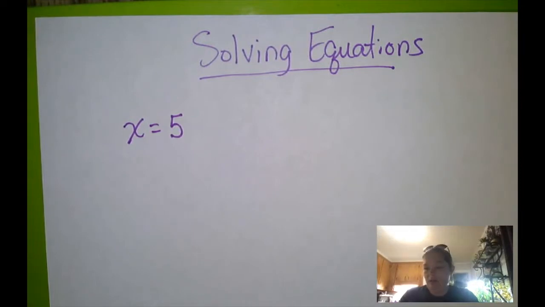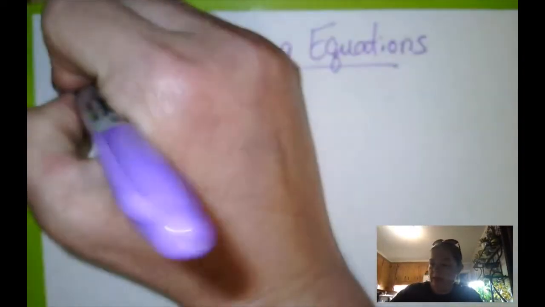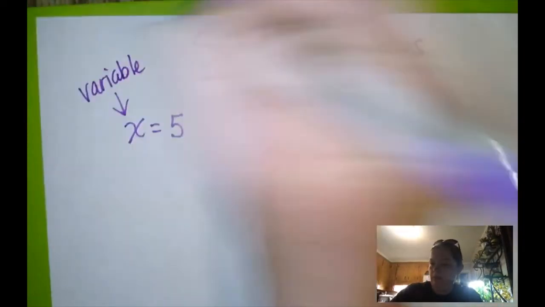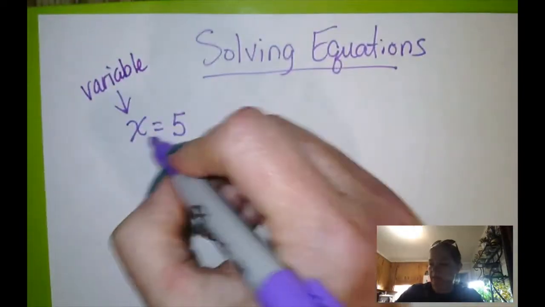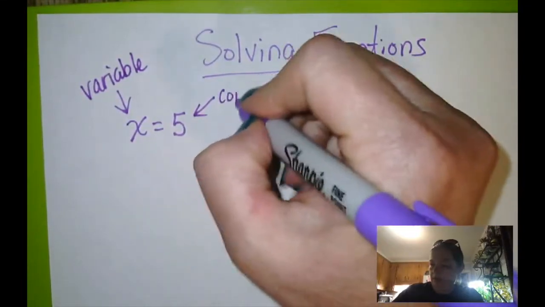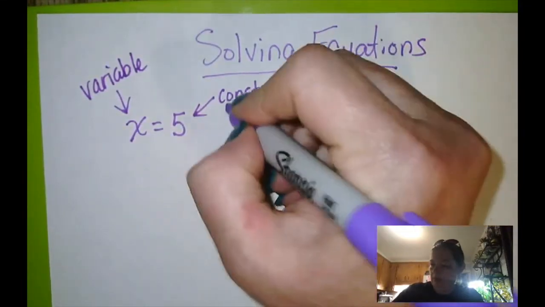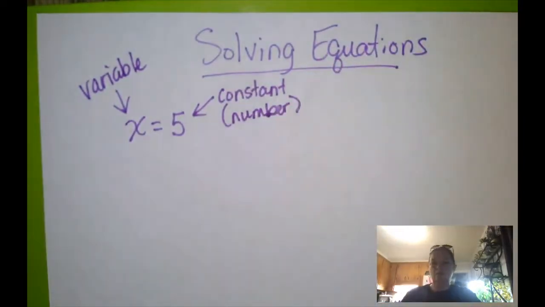X is just a label that we could put without putting a number, but the variable actually represents a specific number. In this case, according to the equation, this number is the value that the variable is representing.